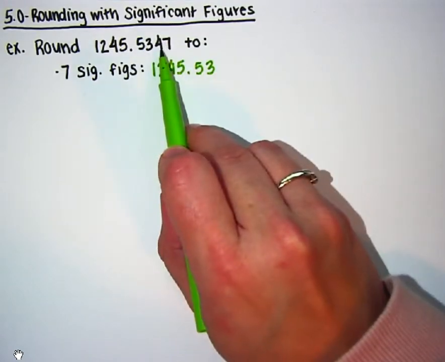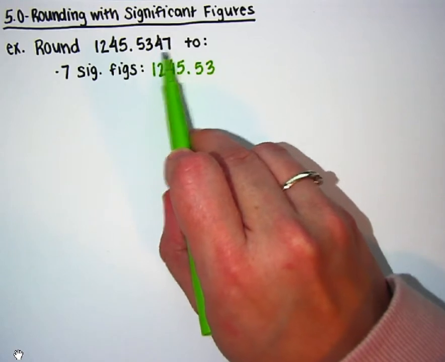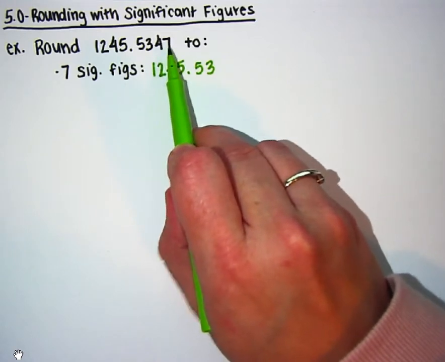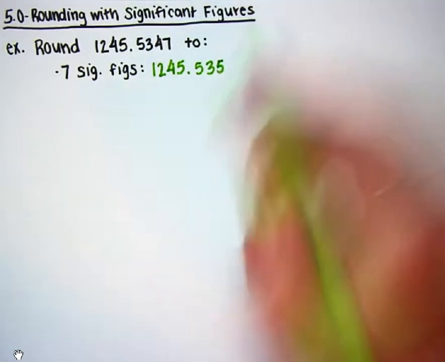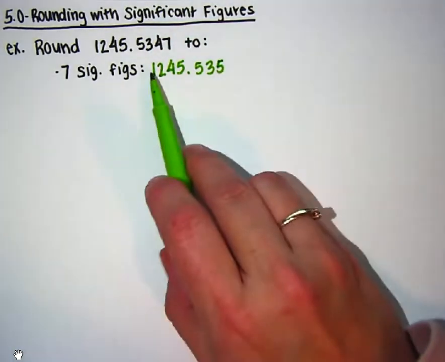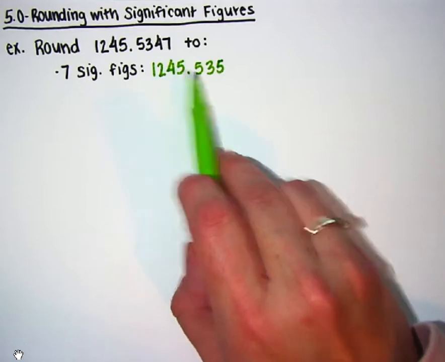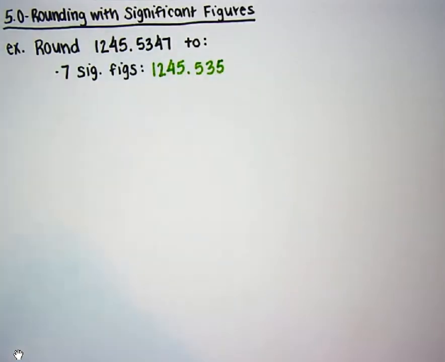And then we want to look at the first number following that 4. If it's 5 or above, we're going to round up. So that 4 gets rounded up to a 5. Now this number has 1, 2, 3, 4, 5, 6, 7 significant figures.